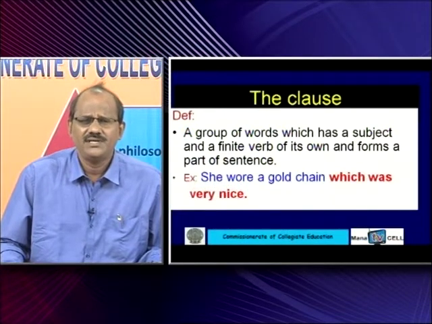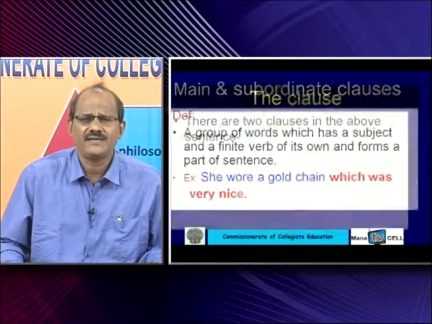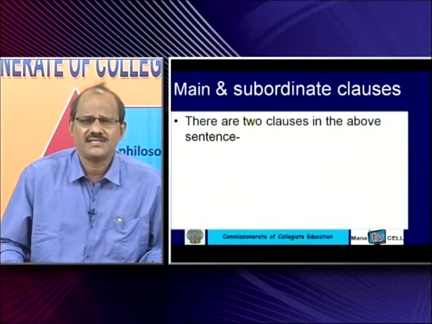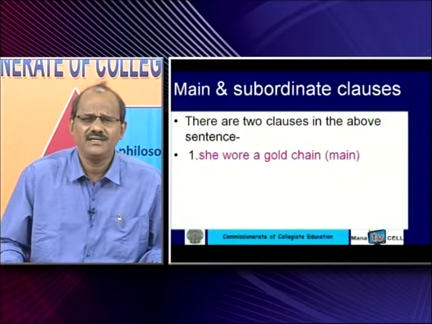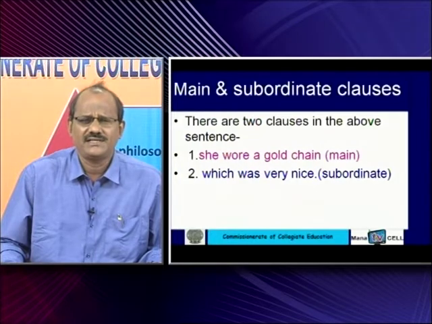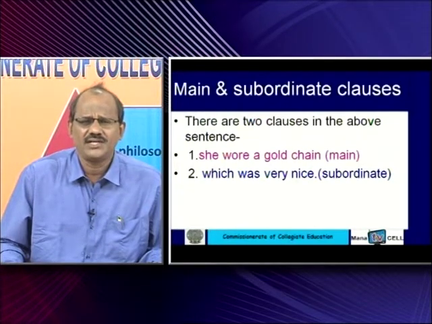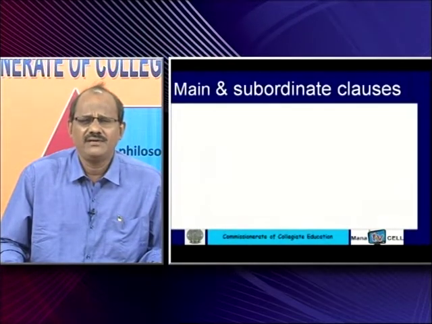For example, she wore a gold chain which was very nice. Here you have two clauses, namely she wore a gold chain and which was very nice. She wore a gold chain is called the main clause, which was very nice is called the subordinate clause.